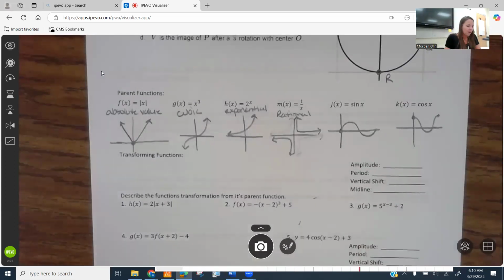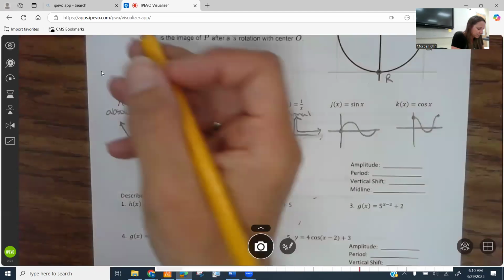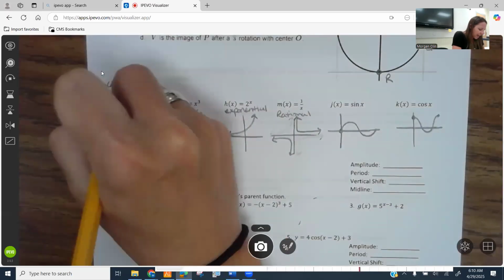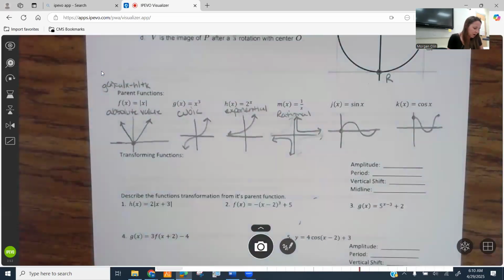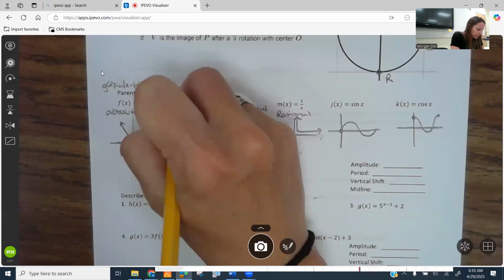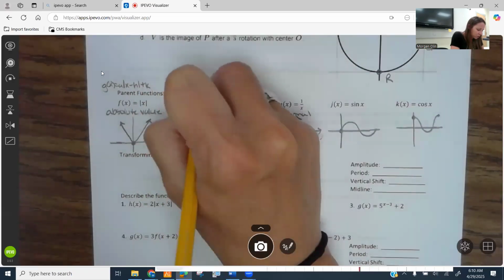Now, as far as transformations and these parent functions, I'm going to write some things out. So, g of x equals a times the absolute value of x minus h, plus k. Cubic function, we'll say g of x as well: a times (x minus h) cubed, plus k.